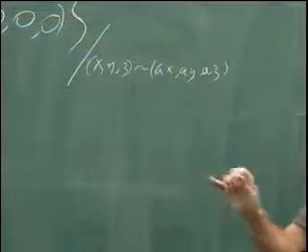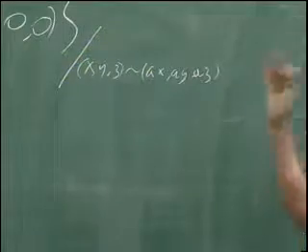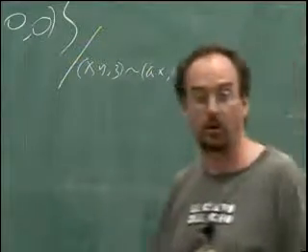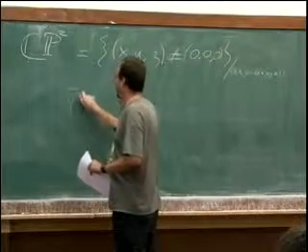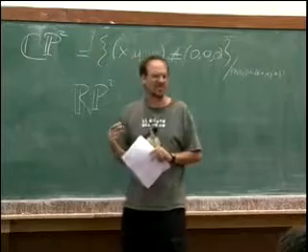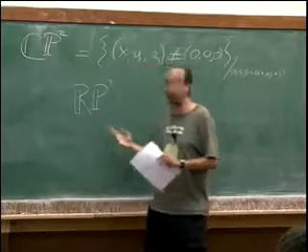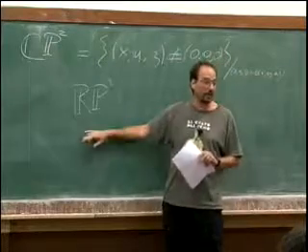So this is just the set of lines in 3 dimensions. It's a 2-dimensional manifold. Complex 2 dimensions is 4 dimensions. I can't draw that, but you can get a good picture in the real case.